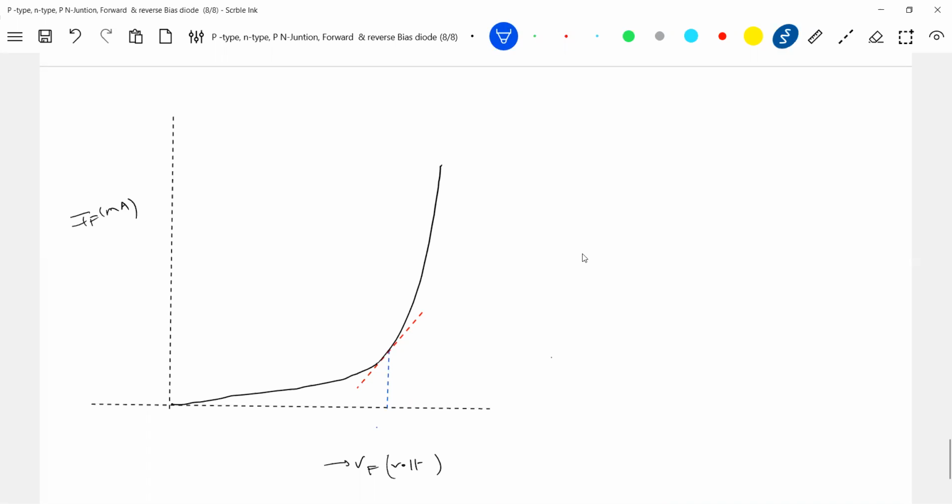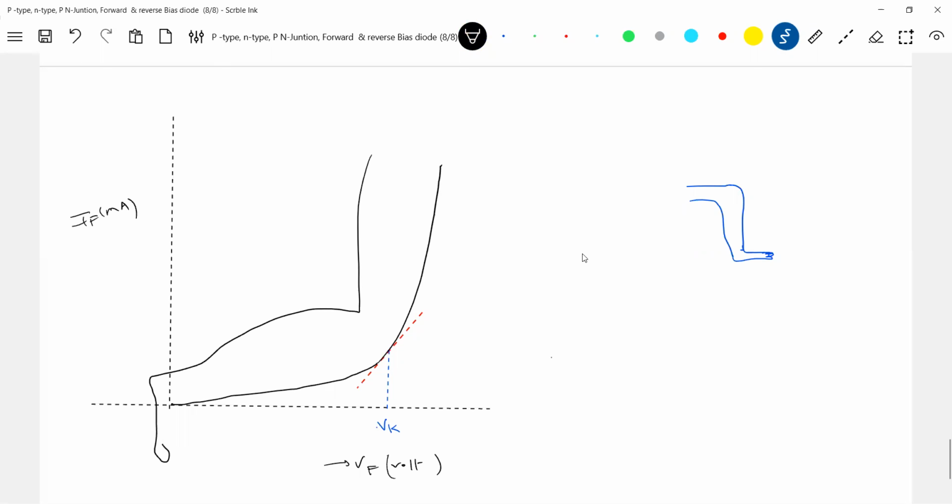This we'll call the knee voltage. What do you mean by knee? Think of when you look at your leg. There's a sharp bend, no? Look at this curve, it is similar to this.